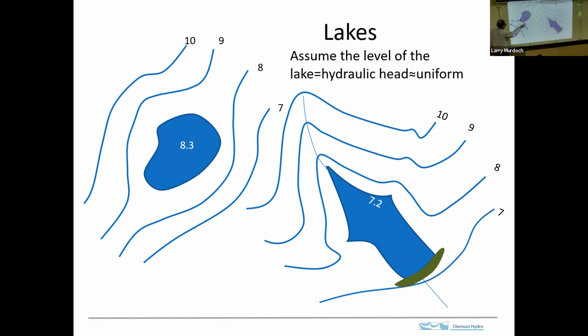And then here we can see that the flow kind of curves towards the lake, it goes into the lake and then comes back out. And if we do something similar, we get lines that look like this. And then here, okay.